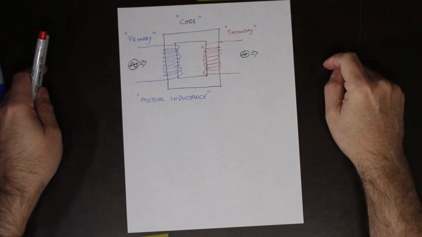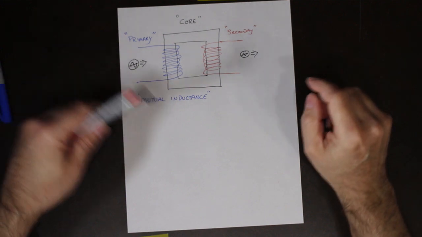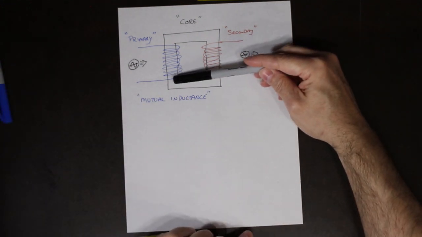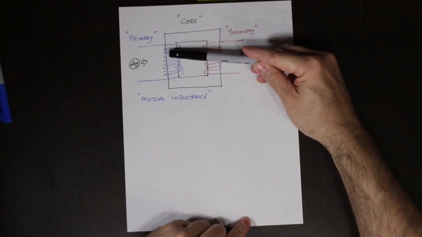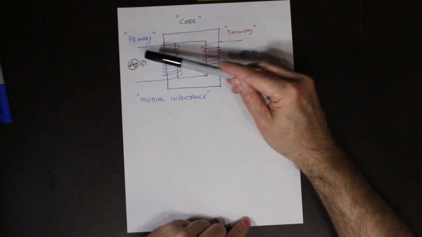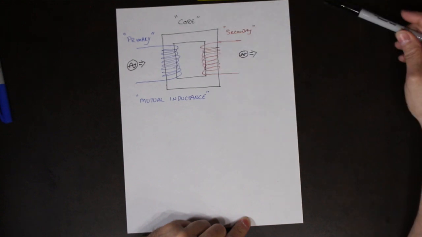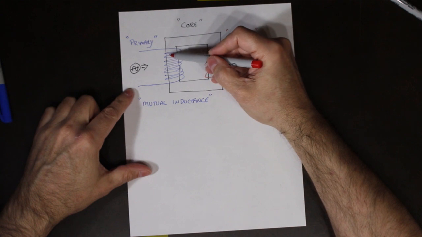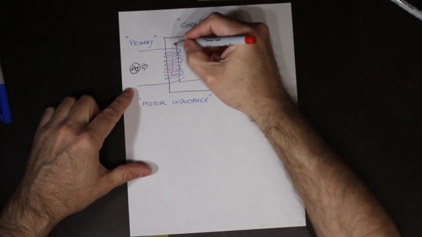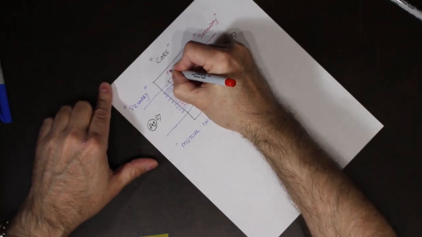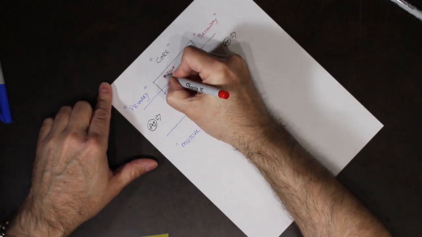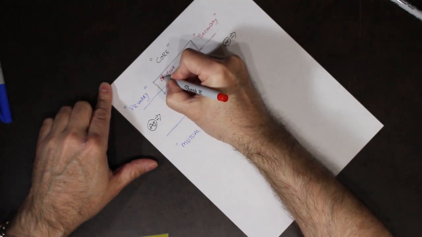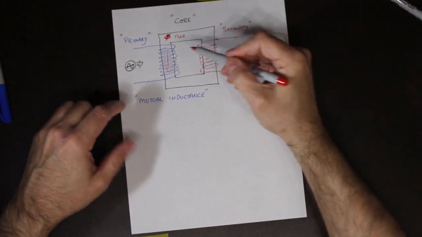So basically, if we have a coil on the primary side and we put electricity into that coil, what is actually created in that coil is a magnetic field. That magnetic field is known as flux. It has the Greek symbol phi, and that is the flux.